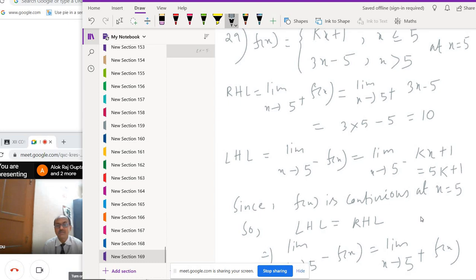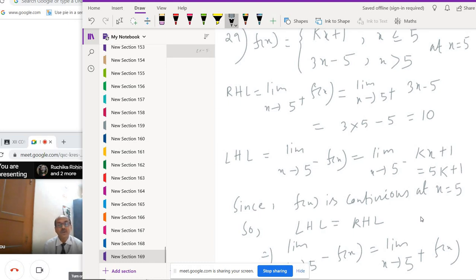If this type of question says find the value of k, lambda, a, or the relation between a and b, that means the function is given as continuous. From the definition of continuity, if a function is continuous at x equal to a, then the left hand limit and right hand limit are the same. Suppose the point is 2, then 2 minus means less than the value, and 2 plus means greater than the value, that is the right hand limit.